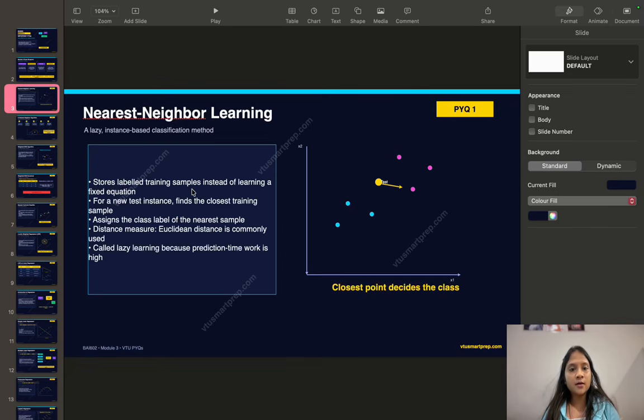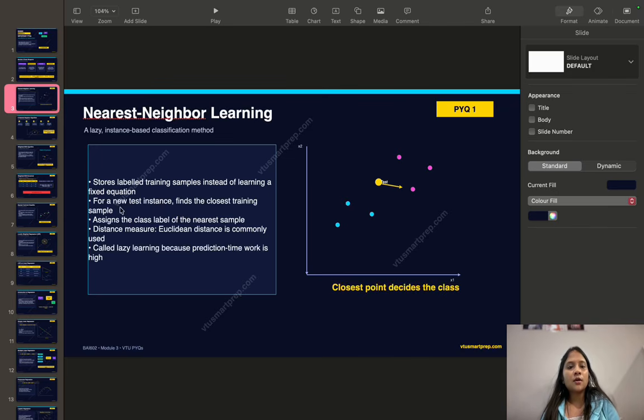It stores the labeled training samples instead of learning a fixed equation. Remember this definition: nearest neighbor learning is a very simple and powerful machine learning model. You can write the definition, and then continue with, it stores the labeled training samples instead of learning a fixed equation.